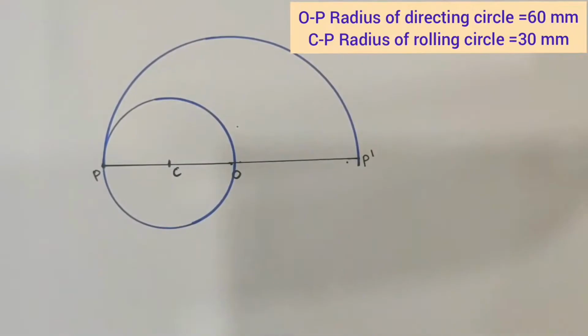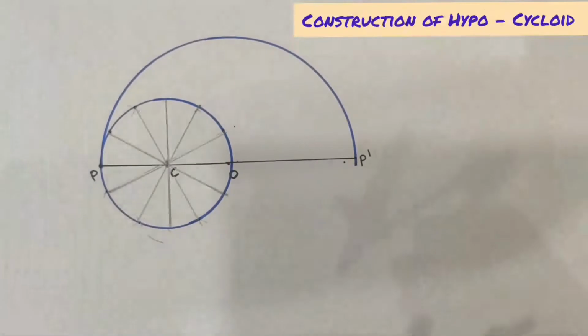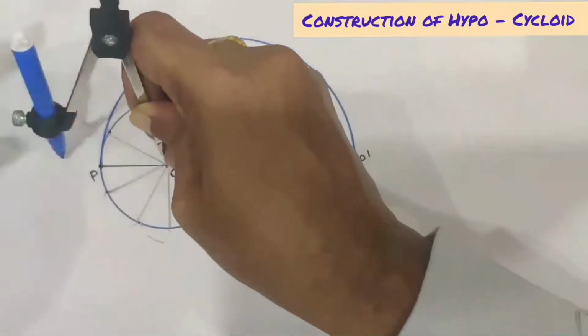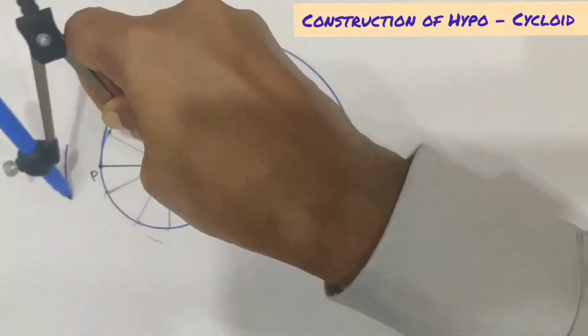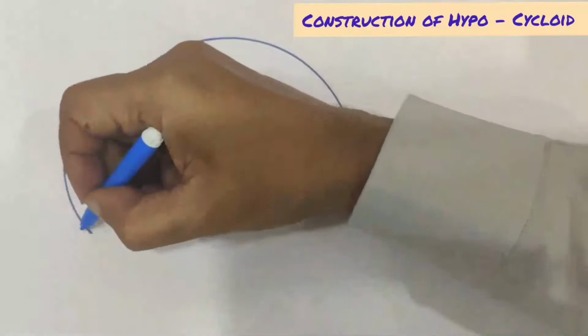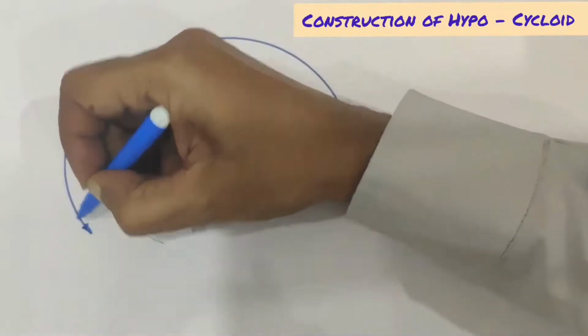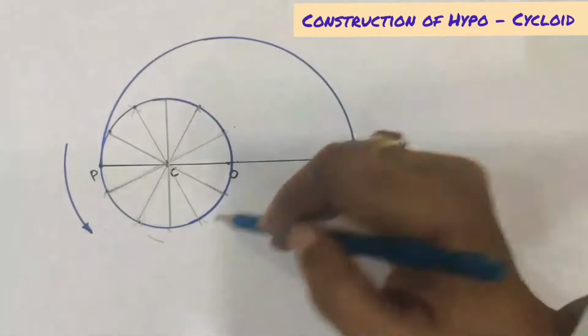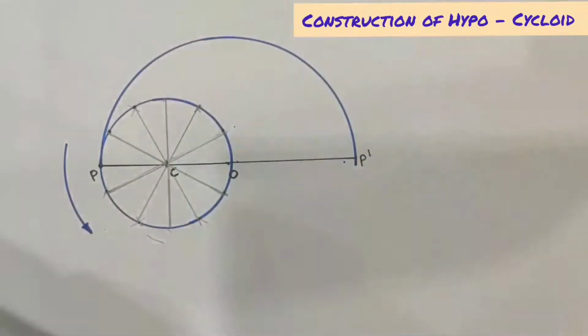After that, divide rolling circle into 12 equal divisions. Here the circle rolls in anti-clockwise direction. Then give numbers on the division points on the rolling circle.